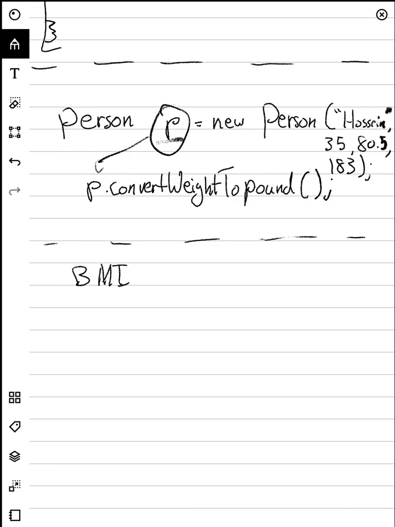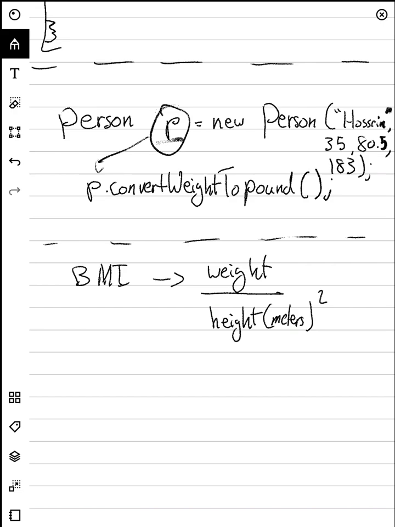So the way you would calculate the BMI is you divide the person's weight by their height in meters, squared. Yeah, and this gives you a BMI. And you have to work with methods.